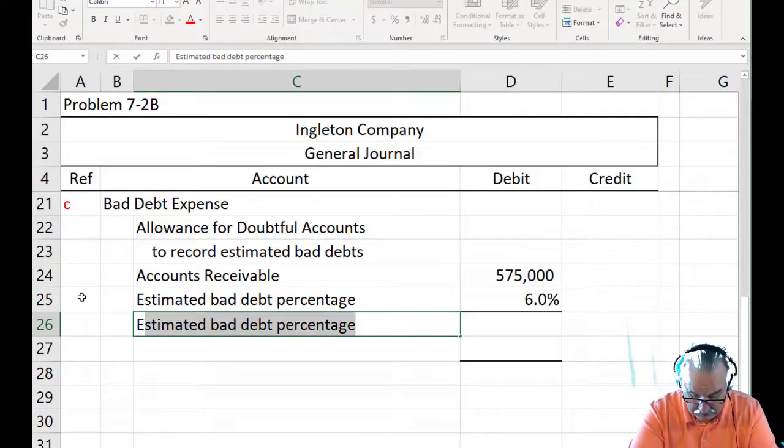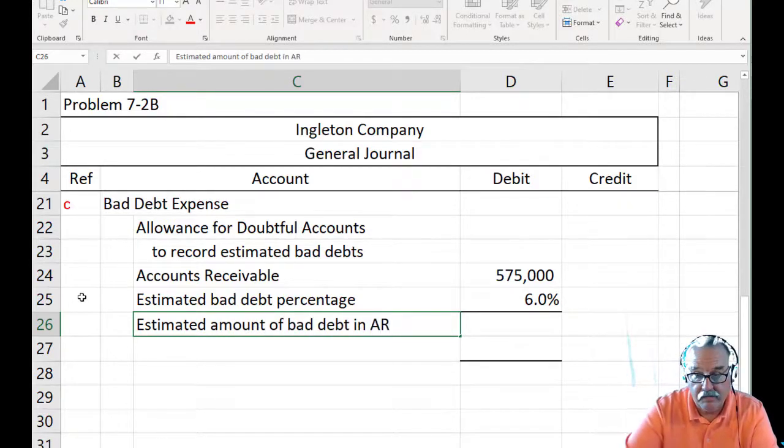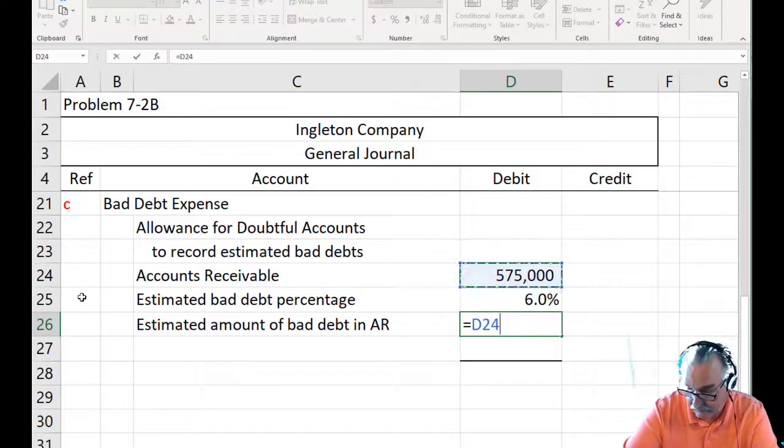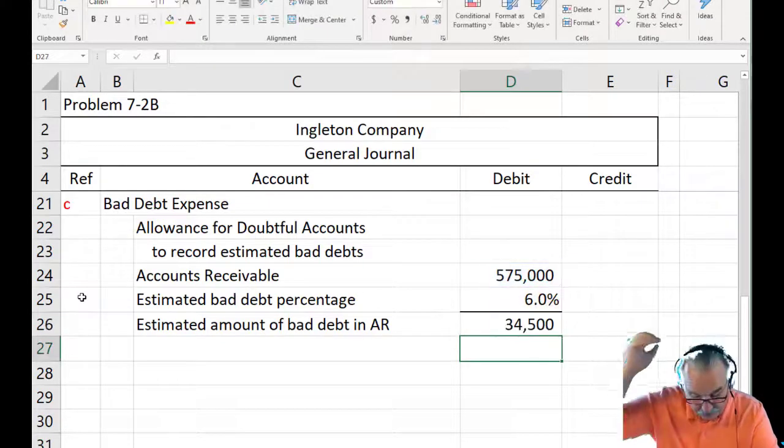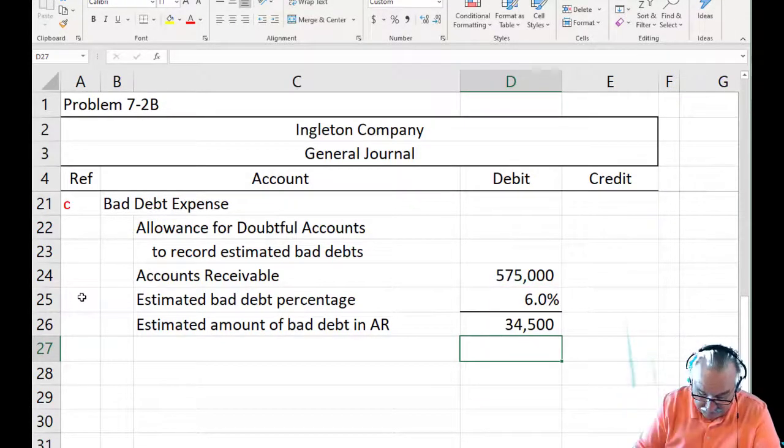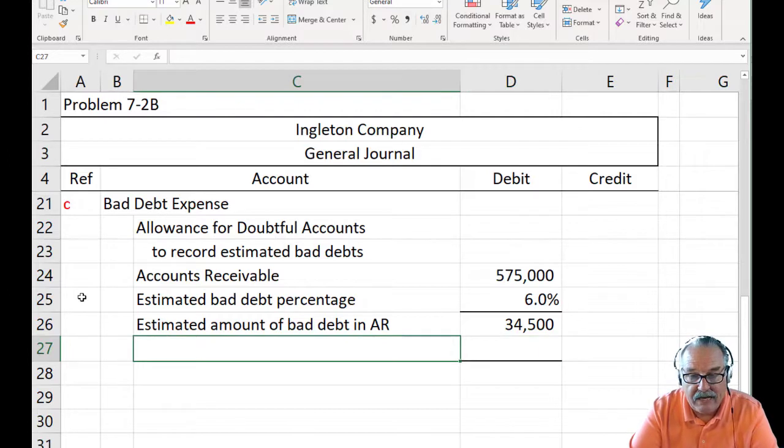So our estimated amount of bad debt in accounts receivable, if we multiply that out, is 34,500. However, that's not going to be our adjustment because we have to look at the balance. Again, this is a balance sheet approach.